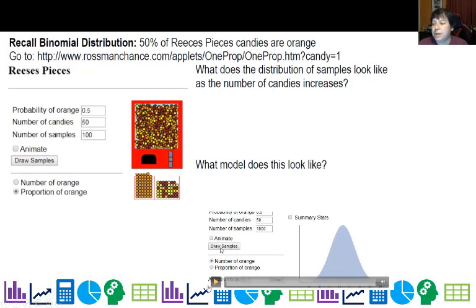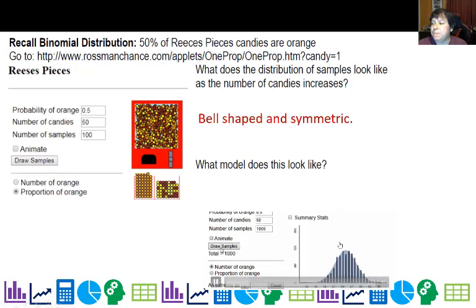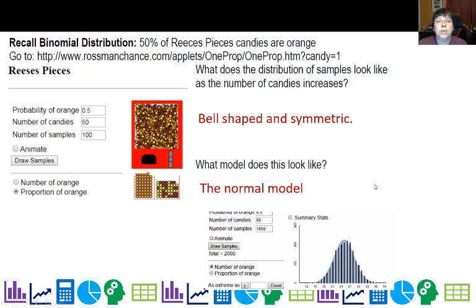So if I were to draw samples, what would that look like? You can see here I have 50, and I drew samples, and then I can also increase the number of candies and the number of samples. And you can see that basically it's bell-shaped and symmetric both times, and it looks like the normal model.